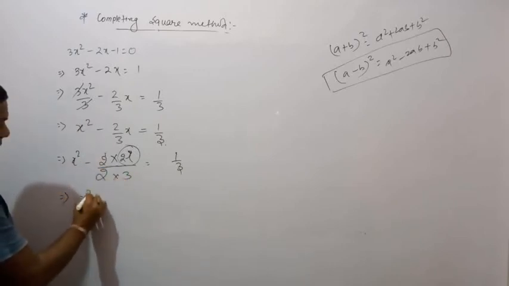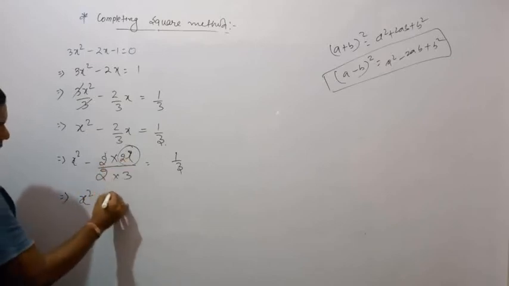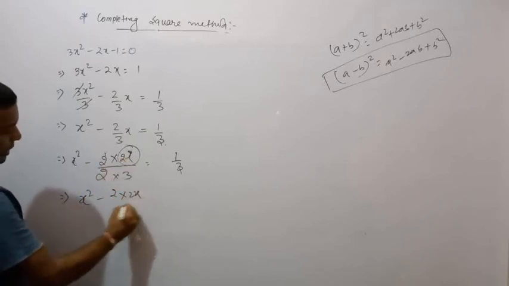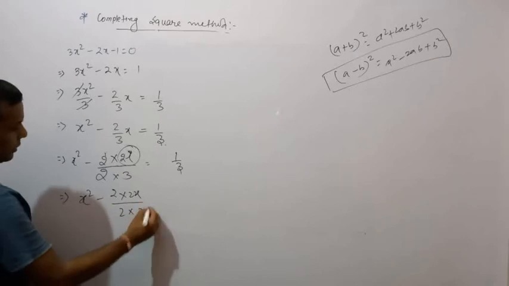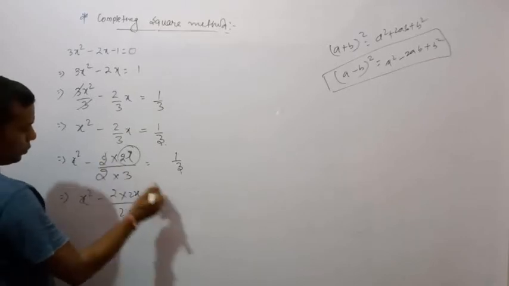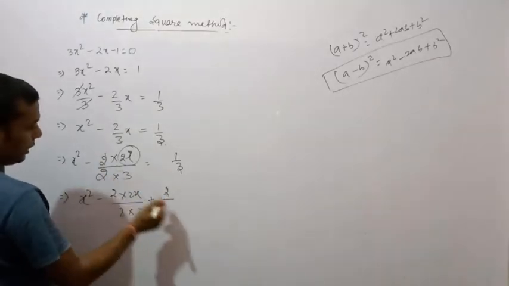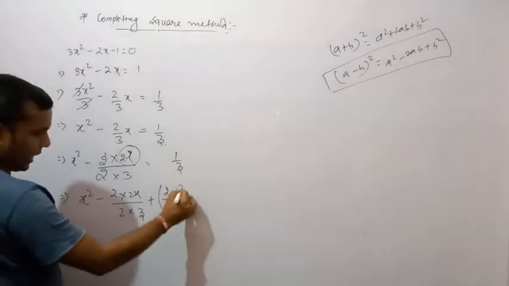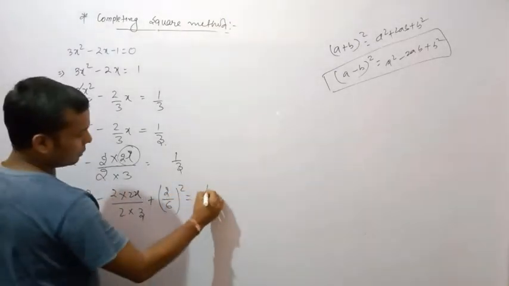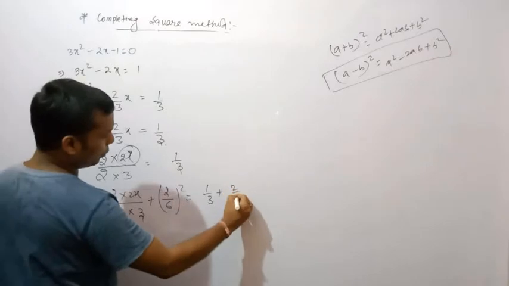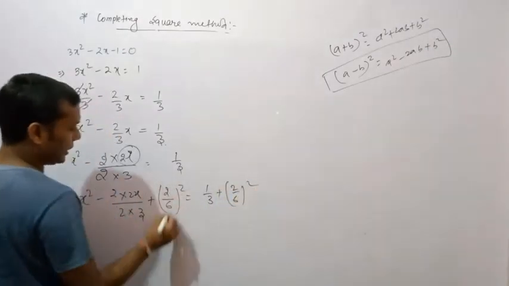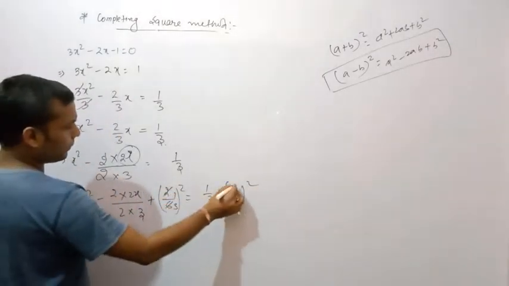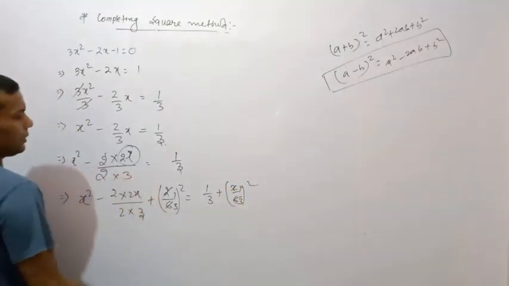So you can write x² − 2·x·(1/3) + (1/3)², and we add (1/3)² to the RHS as well. Just cut it over here.